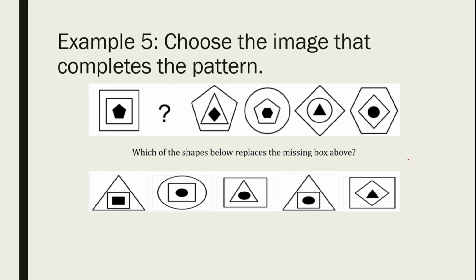Okay, if we're going to observe this figure, if this is our external frame, this would appear as the middle shape of the next frame, like this and like this, and this one and this one.